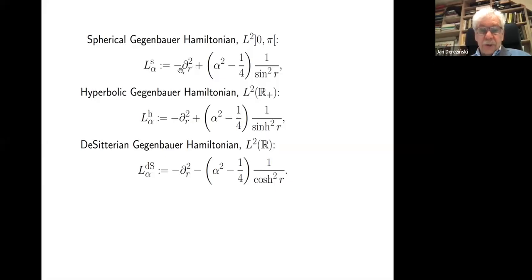If you do the same with the hyperbolic space of any dimension in spherical coordinates, you get the hyperbolic Gegenbauer Hamiltonian. So instead of sine, you get a sinh.